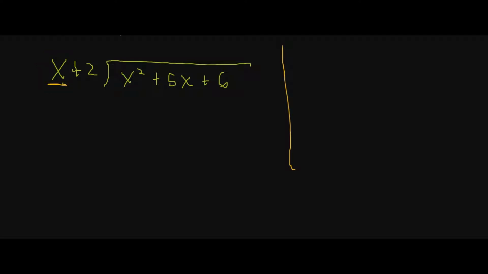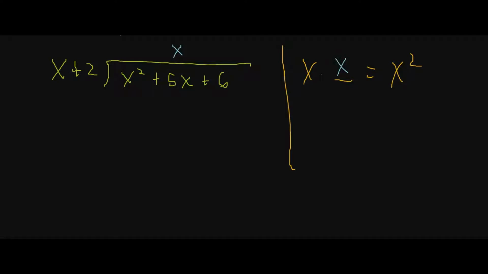This x needs to multiply with the number up here to give me that term. So x times what gives me x squared? Well, it has to be x.